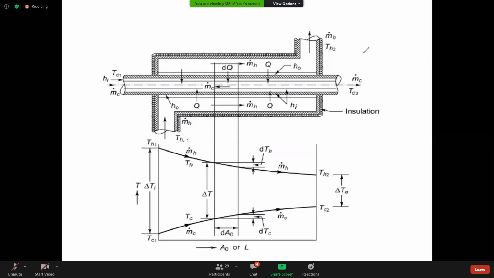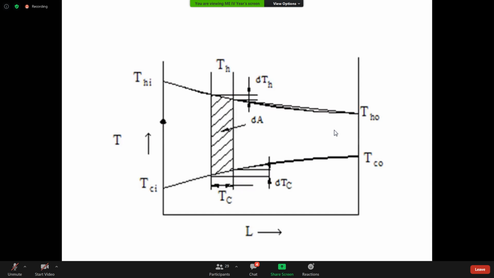Mass flow rate is nothing but kg per second. Right? So let us go for this. See, I have drawn another simple figure. Here it is Th, this is Tc, dTh, dA, and here the heat transfer is dQ. The mass flow rate will be there. There is the temperature variation along the length. This is theta 1 or delta Ti, theta 2 or delta Te. Right? Next.